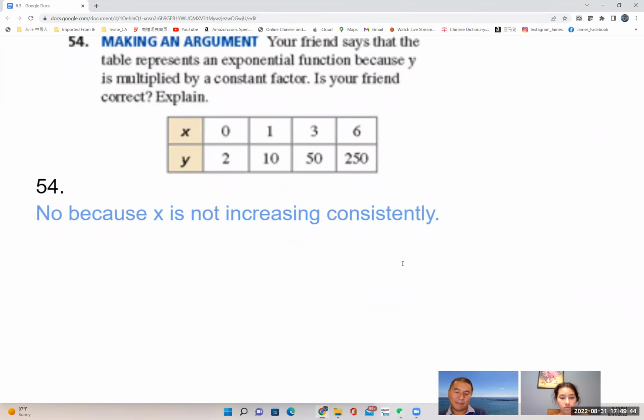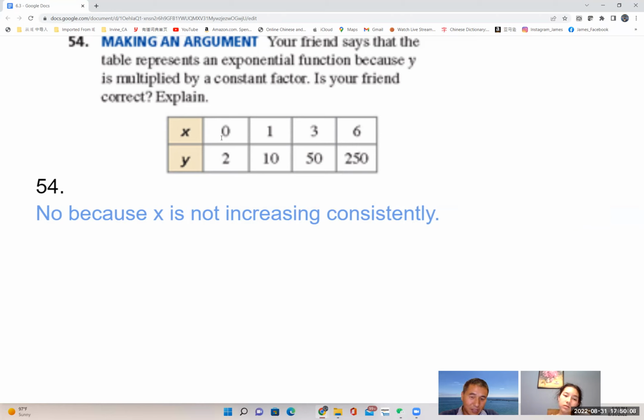What does the word consistently mean? Can you explain it? It just continues in that pattern. But I think it's increasing constantly.